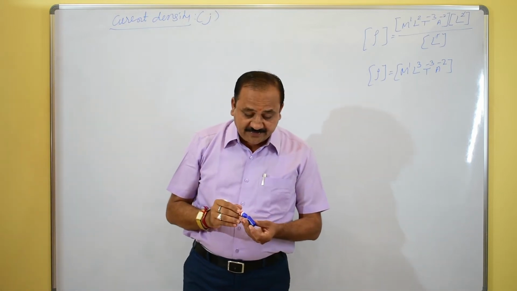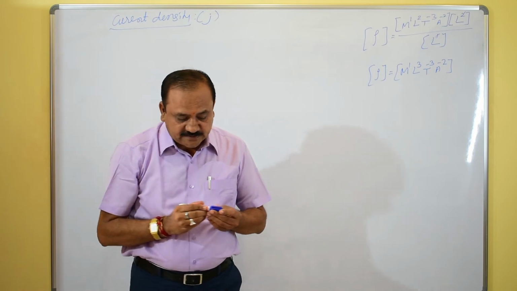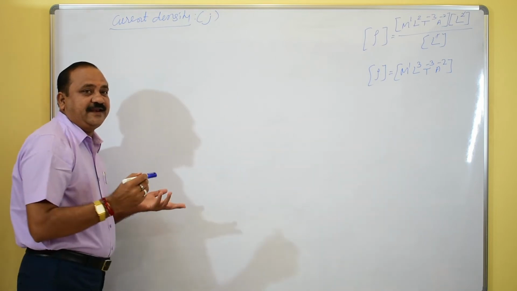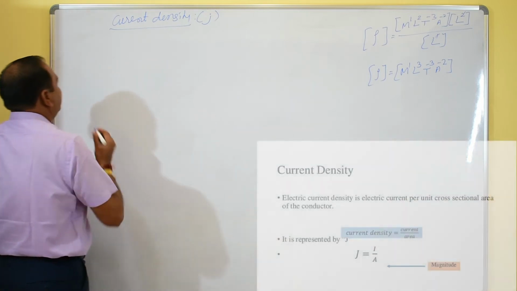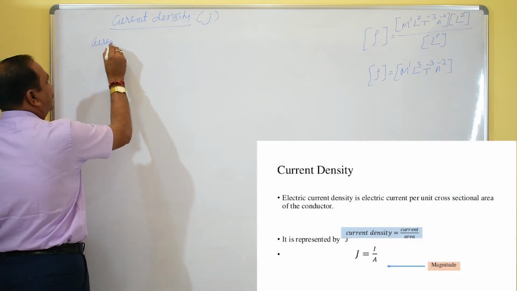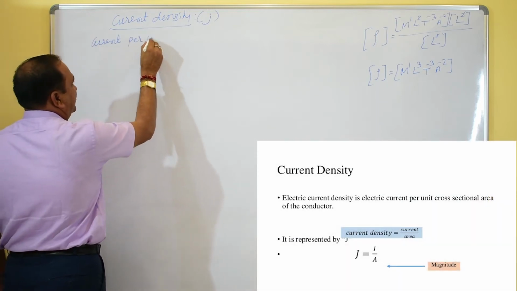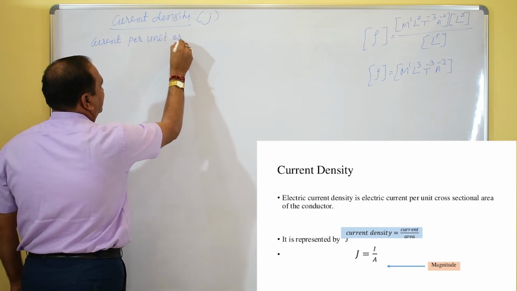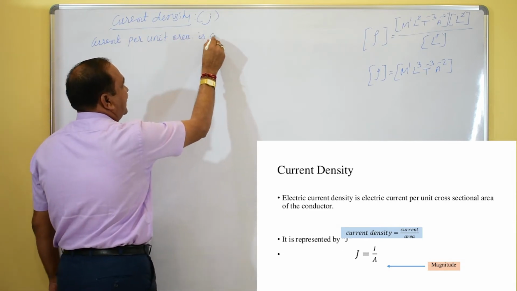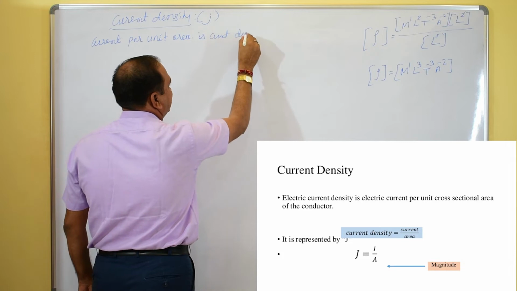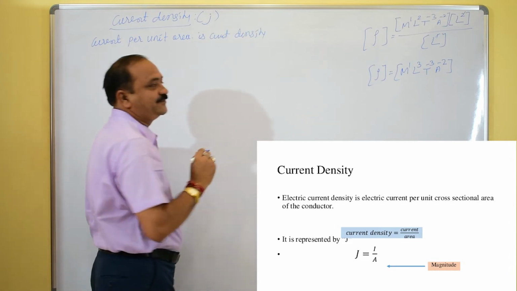How to define this current density? Ultimately, it is the electric current per unit area. In a simple way, current per unit area is nothing but the current density.